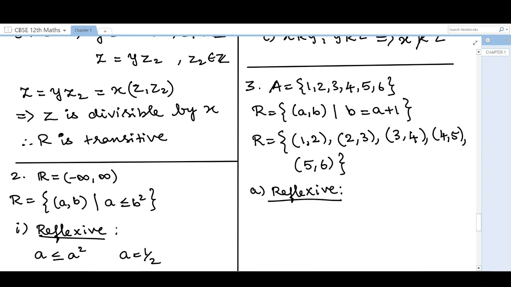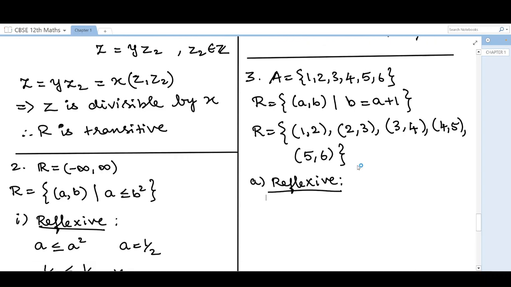First one, reflexive. If you take an element from the set A, it should be related to itself. So if you take 1, 1 should be related to 1. So (1, 1) should be there. But in this set R, we don't have any element like (1, 1) or (2, 2), (3, 3), etc. Therefore, this relation R is not reflexive.